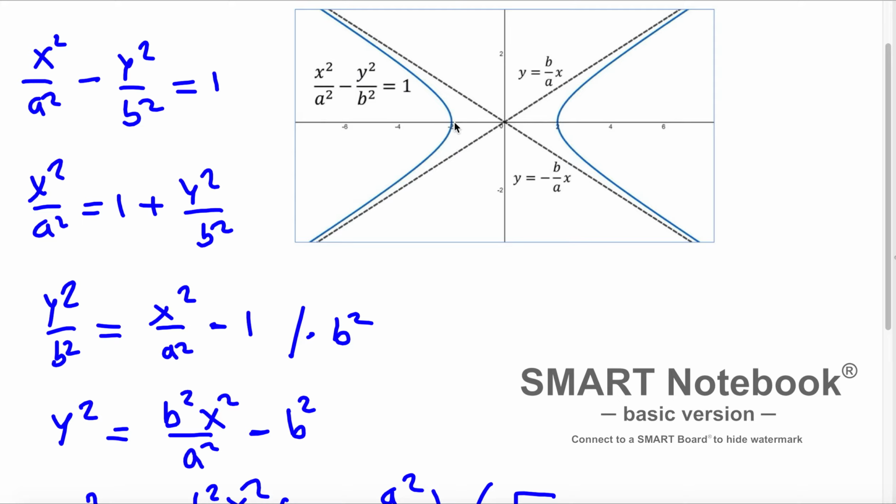First of all, let's say y is equal to 0, so x is going to be minus a and a. We are looking for x, so this part is going to disappear. Imagine this does not exist: x squared over a squared is equal to 1, so x is going to be plus minus a. And a, as we see here, is a real, defined number.